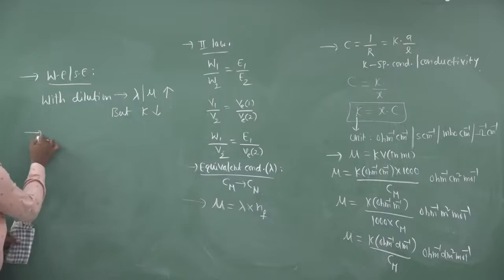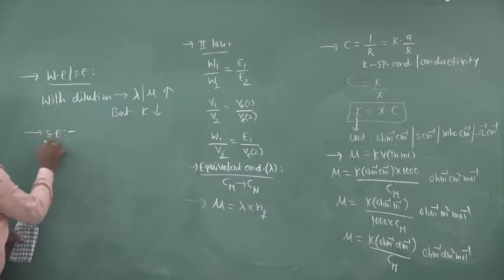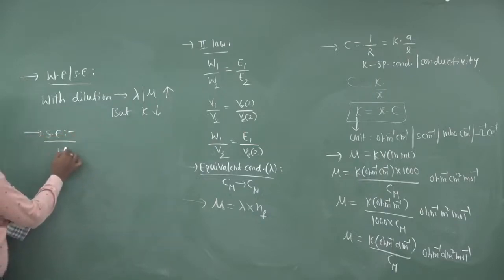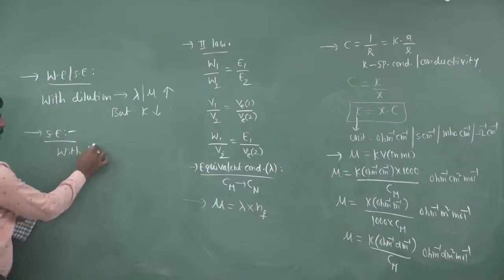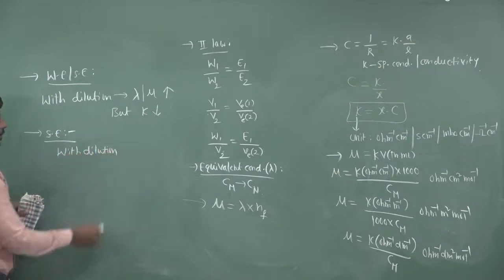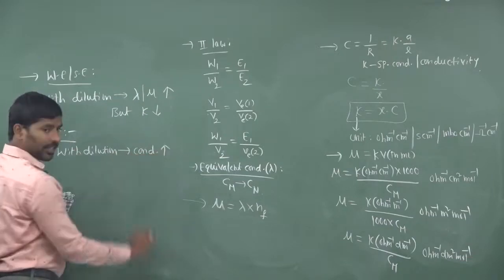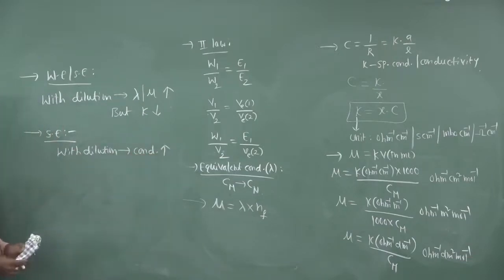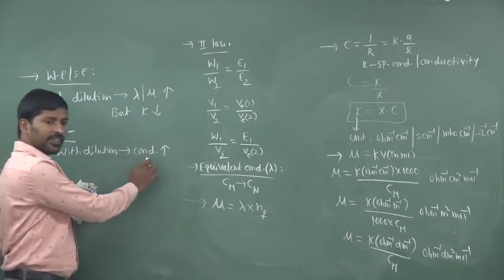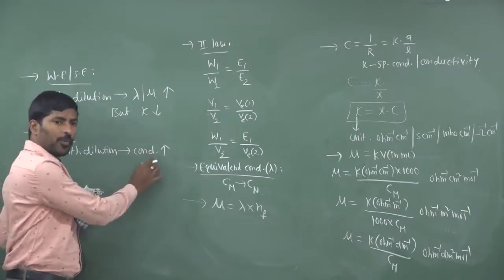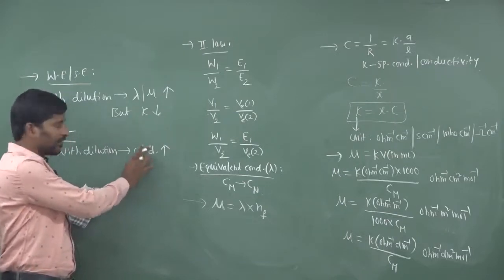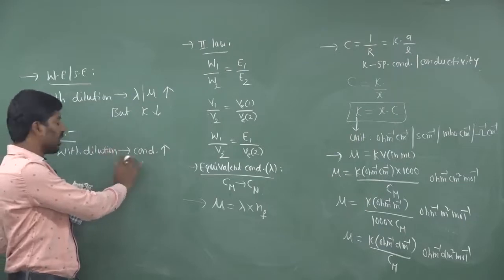In the case of strong electrolytes, with the dilution, if you add solvent, conductance increases. That is due to what? With the dilution, conductance increases due to increase in mobility of ions. Is it due to increase in degree of ionization?